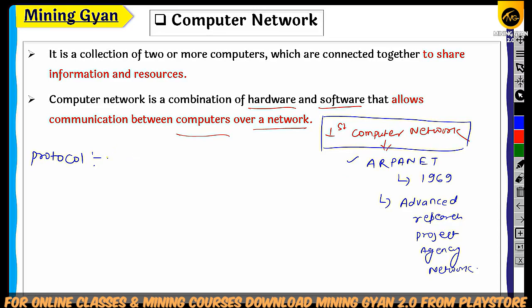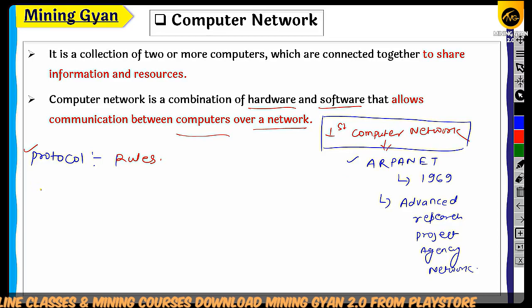Basically, network protocols are rules. Behind any type of computer network there are basic rules which are used for sharing information. So we need protocols to operate any kind of computer network.